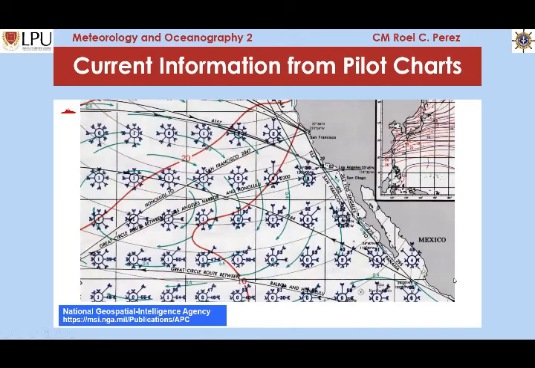And then near the coast of the US, it will also follow what we have learned already in the circulation, which is clockwise direction. So some of them will go here, and this will be the California current.